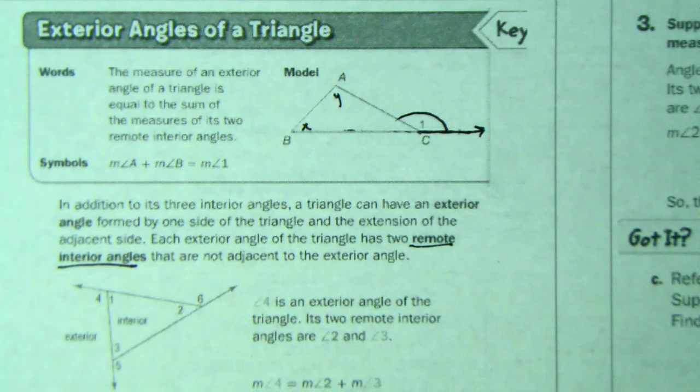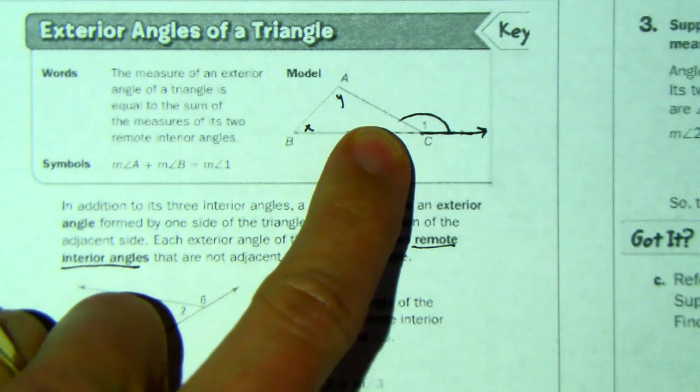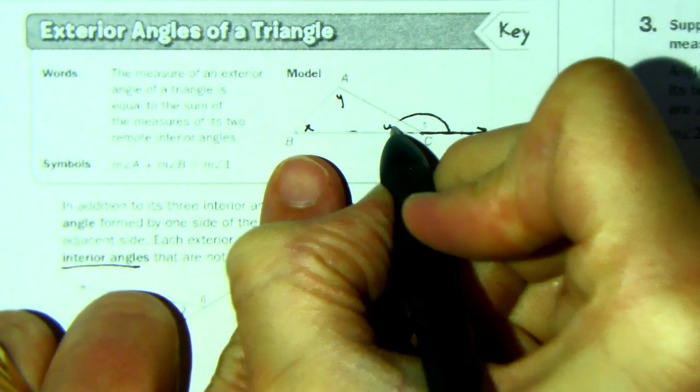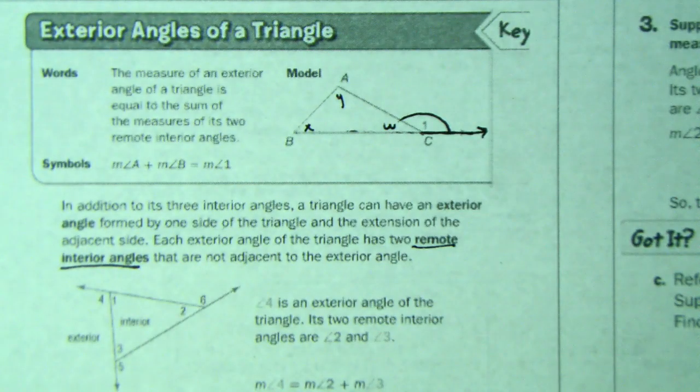So we've got some terms here that you probably want to transfer into your vocab sheet. But an exterior angle in a triangle will always equal the sum of its two remote interior angles. Here's why. Can I call this angle W for now, right here? What do we know about angle 1 and angle W?